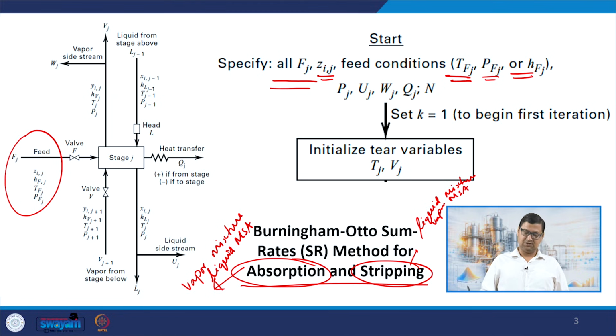We are also going to specify the pressures of the stages, the molar flow rates of the liquid side stream Uj and the vapor side stream Wj, the heat which is removed from the stage J, and we are doing this for all the stages, and finally the number of stages. These things we are taking as given, and then we begin our iterations and we use tear variables, temperature and the vapor molar flow rates.